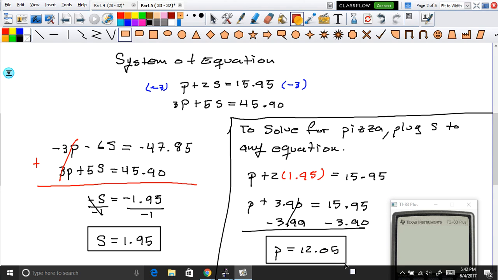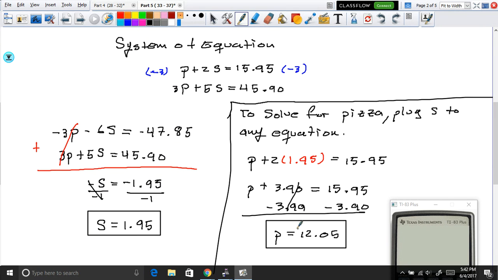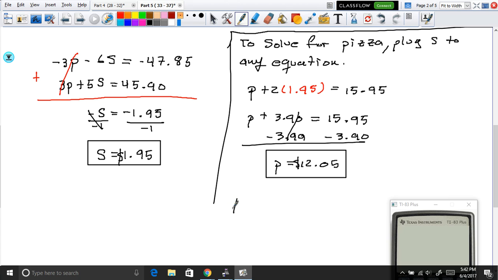So these are the prices. A soda is $1.95 and a pizza is $12.05. Let's just put the dollar sign here. Perfect. So this is our solution. This is P. This is the price of the pizza.